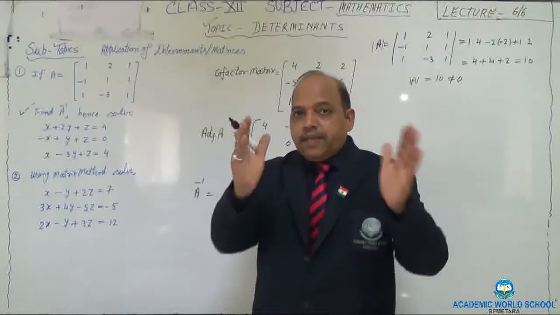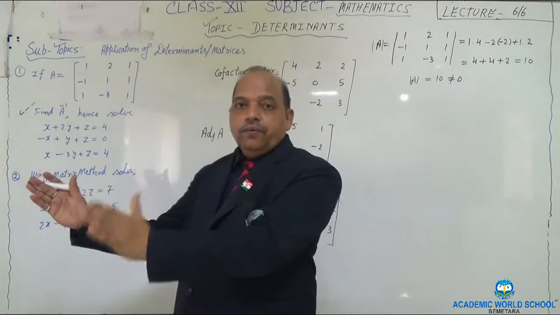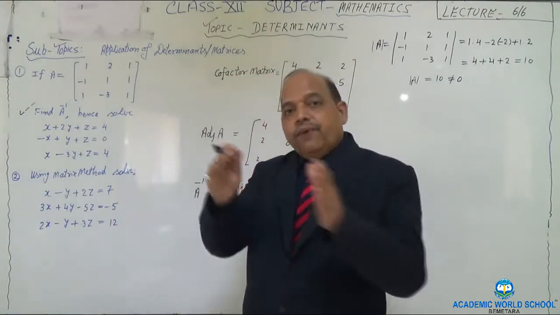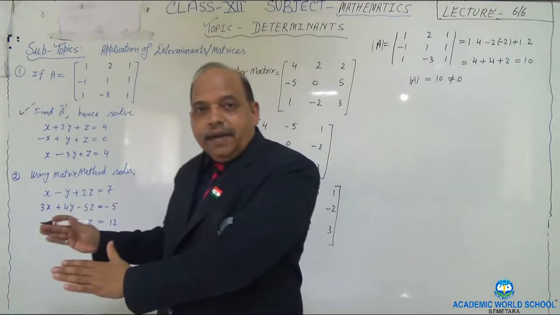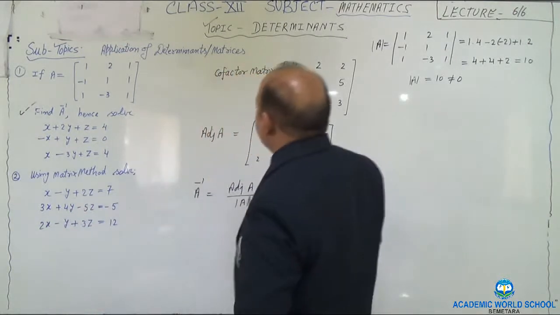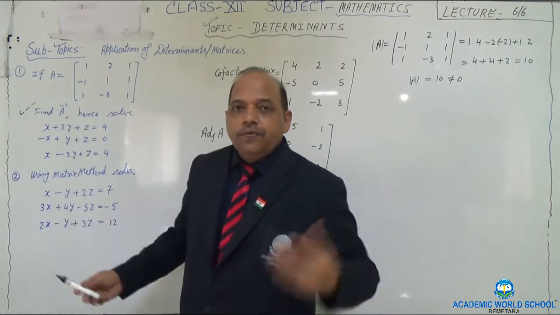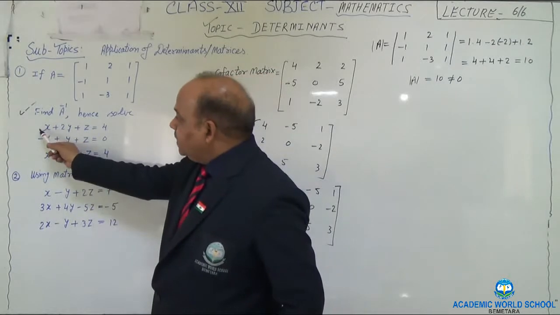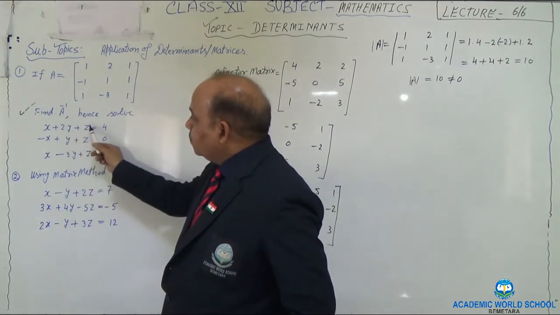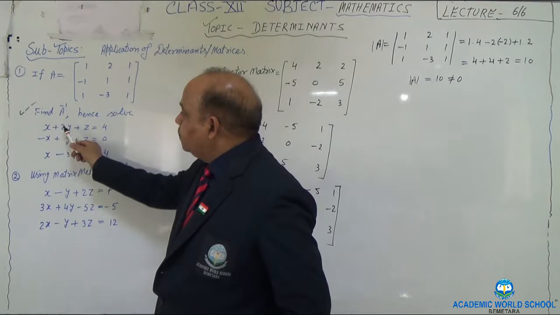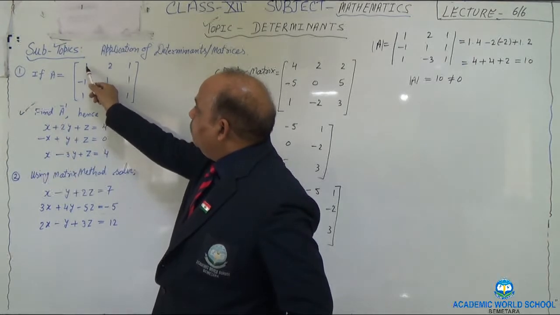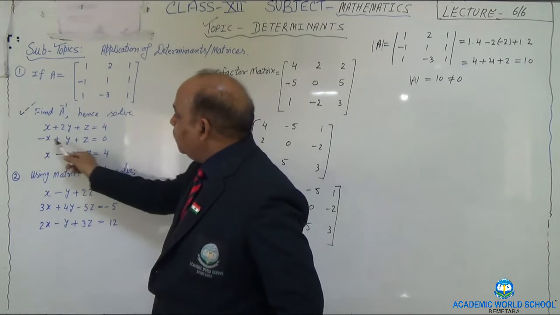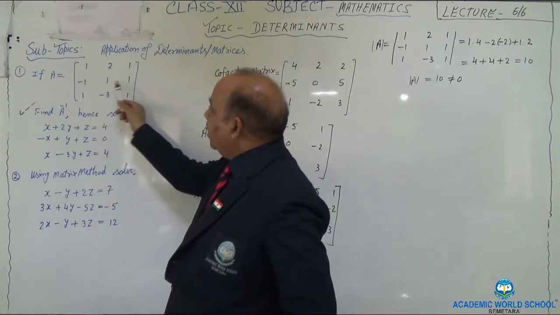So what I will do? First I will write down that. Find coefficient matrix, variable matrix and then scalar matrix. That we need to prepare. So check it. What is my coefficient matrix? Coefficient of x is 1, coefficient of y is 2, coefficient of z is 1: 1, 2, 1. Minus 1, 1, 1.